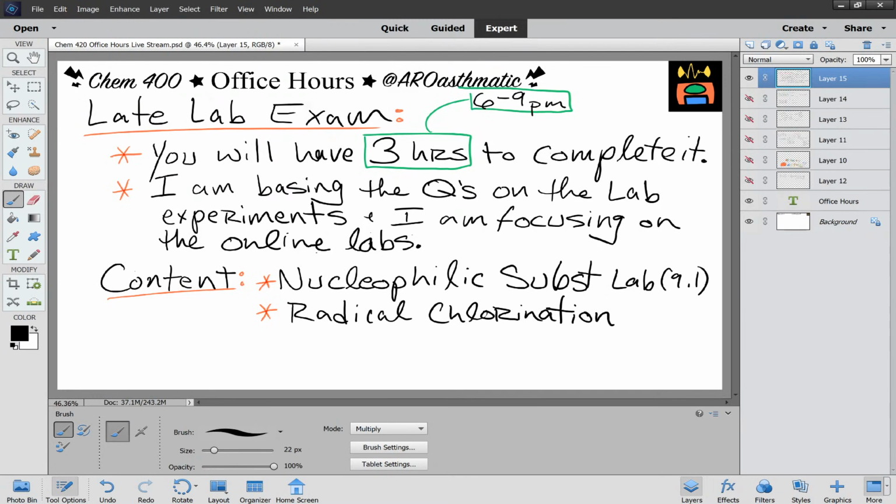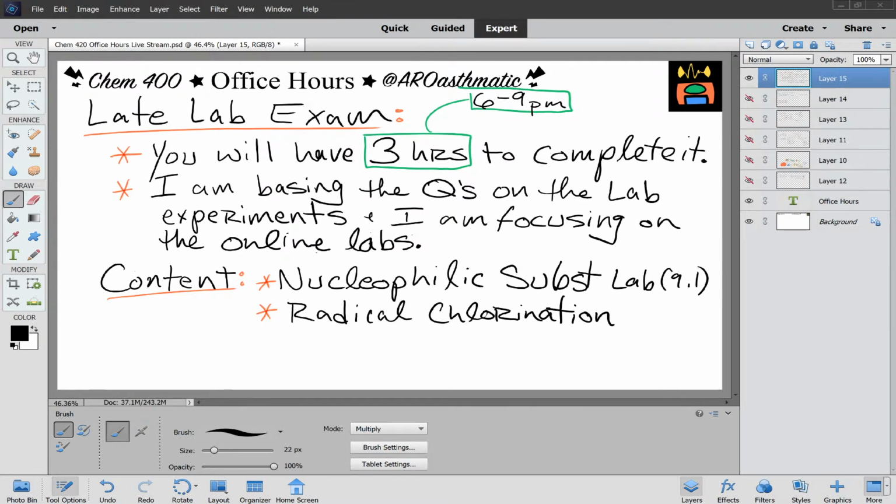Honestly, it's been a challenge to write this thing because when I look at what we've done post the coronavirus, it's really been the radical stuff and that one nucleophilic lab, and we haven't done any labs beyond that point.